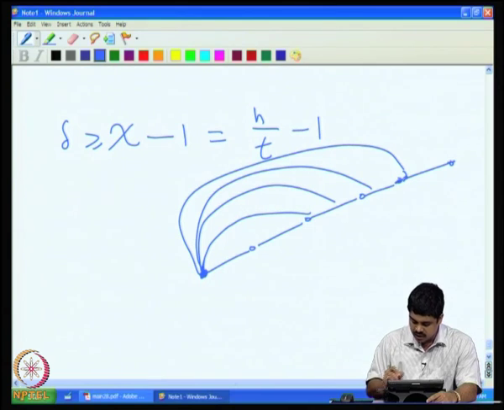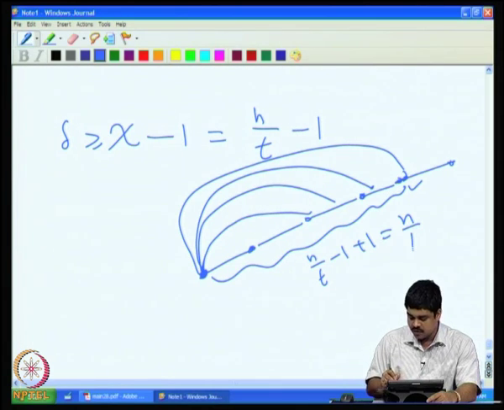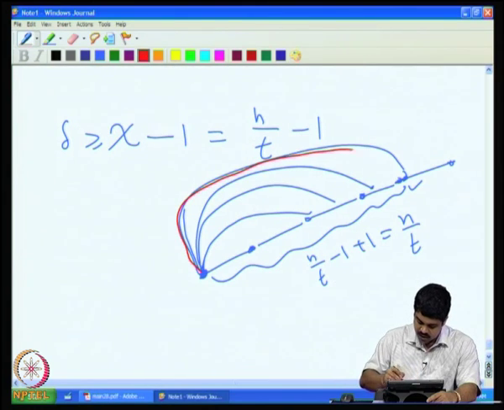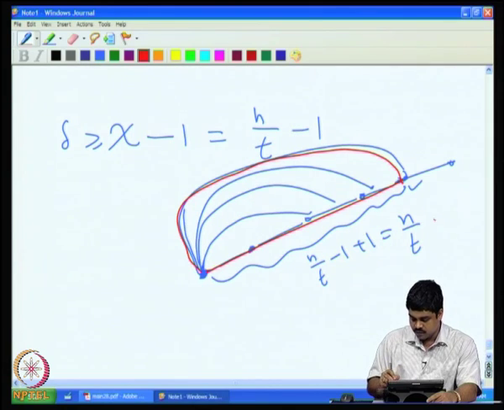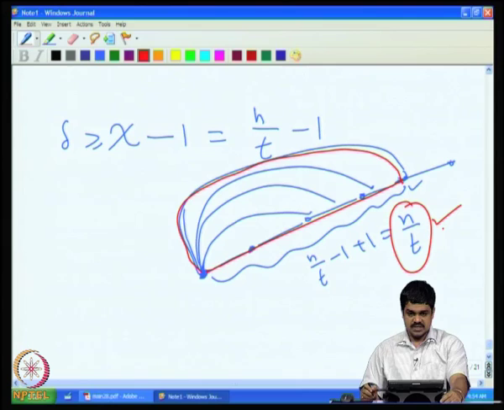Now, if you consider the last neighbor among these, this entire part should contain n by t minus 1 neighbors of this vertex, maybe more, but at least that many, and this vertex, that is plus 1, that is n by t vertices in it. And here we can jump directly to here and then come back via this. So, there is a cycle having n by t vertices, right.